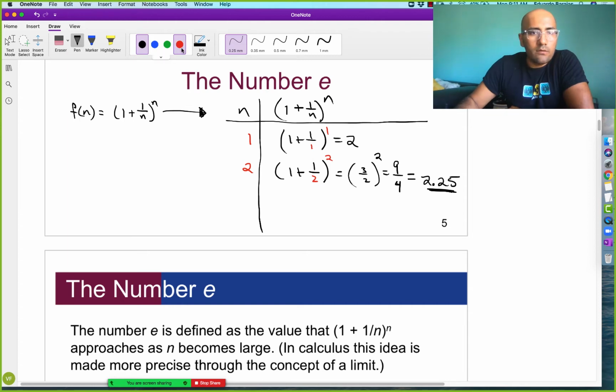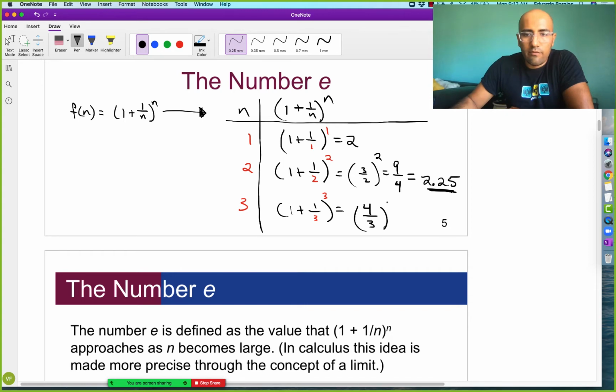Let's do one more, 3. What if n was 3? Okay, so we have 1 plus 1 over 3 raised to the third power. Okay, so this is going to be 4/3. Right, that goes into it 1, and then 1 remaining makes it 1 1/3, which is what this is.